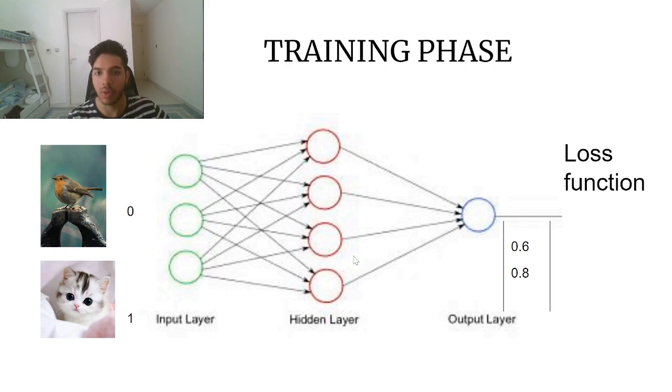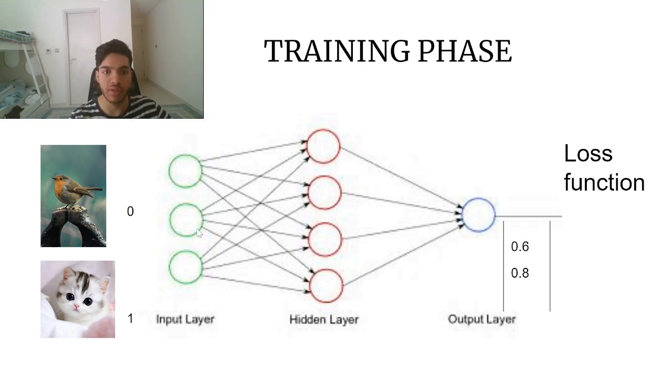When we do a backward pass and make changes to the hidden layer, the next time I go forward and compute my predicted values, this value right here should be closer to the actual value, meaning it should be lower than 0.6. And this value right here, 0.8, should be closer to 1, which is its actual value, meaning it should be higher than 0.8. Now this is called a backward pass.